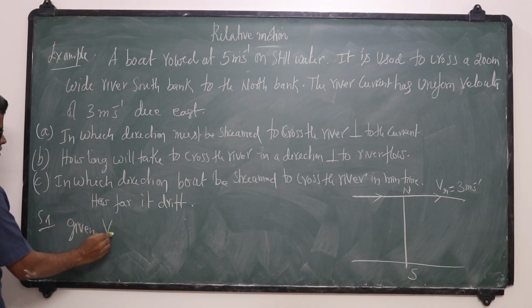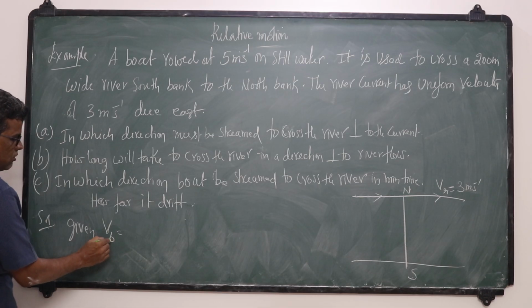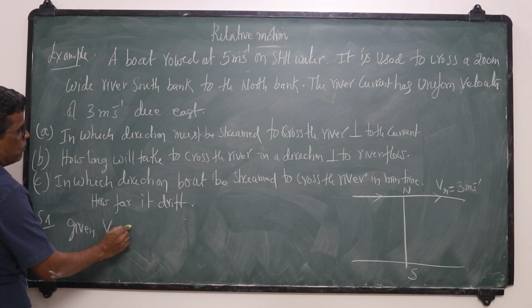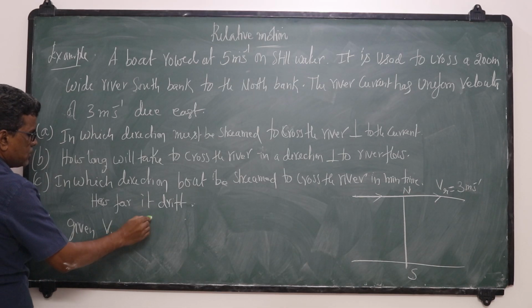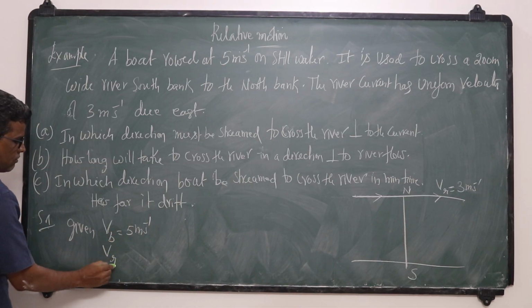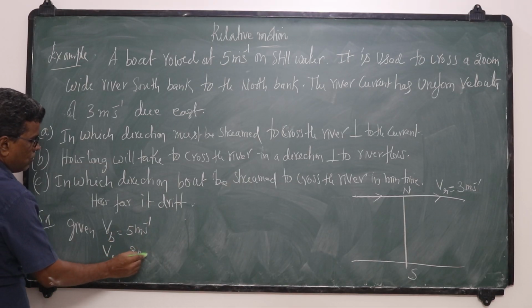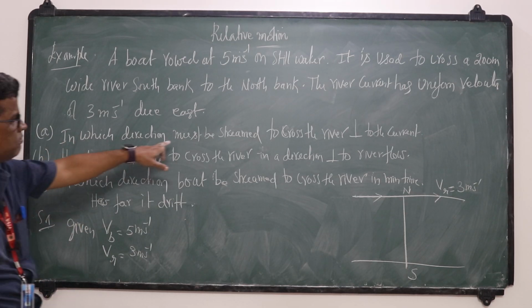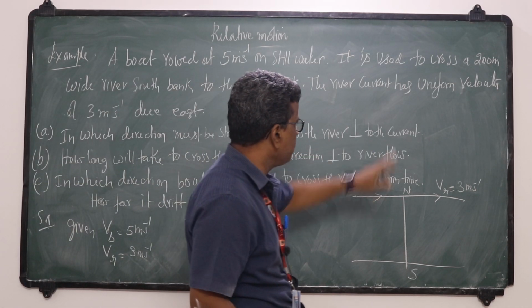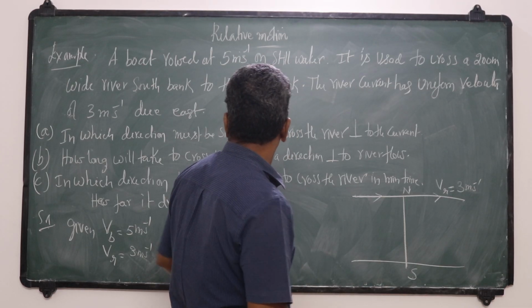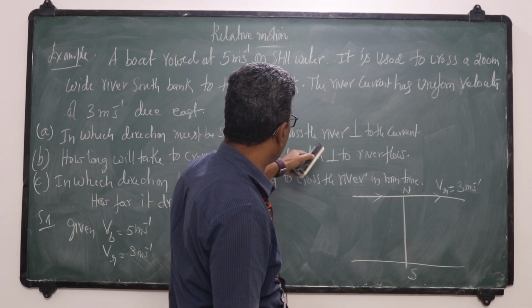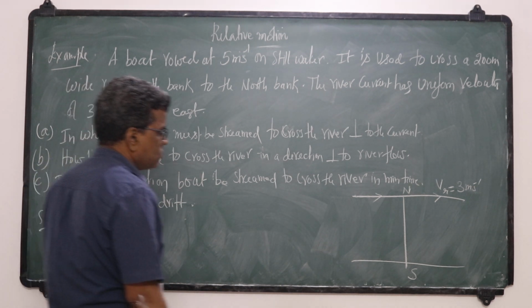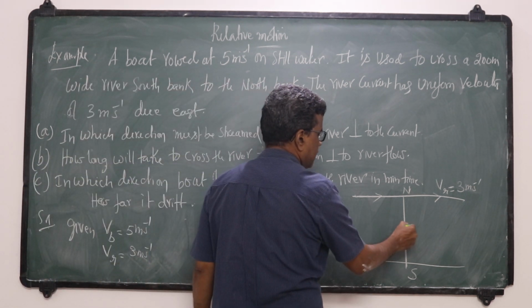Given: VB is equal to the velocity of the boat in still water, that is 5 meters second inverse. The velocity of the river, that is 3 meters second inverse. Now the question is, in which direction must the boat be steered to cross the river perpendicular to the current? So perpendicular to the current, like this.